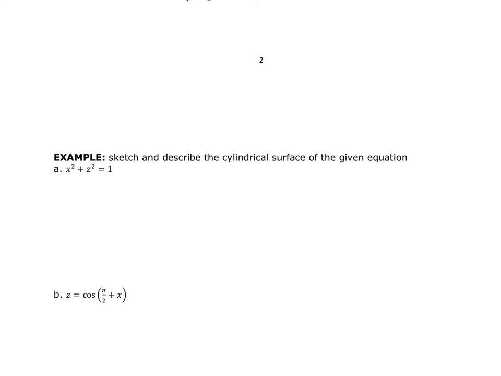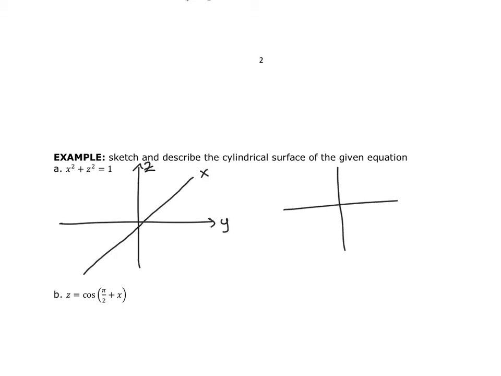So if I go to graph, here is my z, here's my x, and here is my y. Now, if I look at what this would look like on just the zx plane, it would be a circle centered at the origin with a radius of 1.